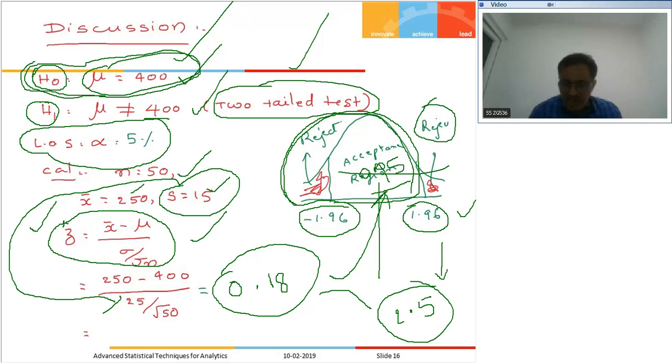Finally, suppose it is 0.18, then it falls in the region of acceptance. That means accept it. Accept means whatever you claim is excellent. So in this case, mu equal to 400 is the claim, which is perfect based on our sampling outcomes at 5% significance.